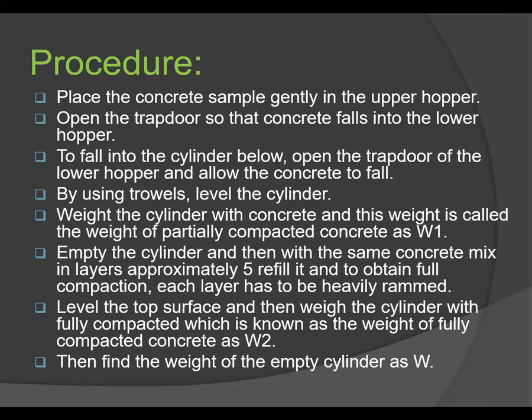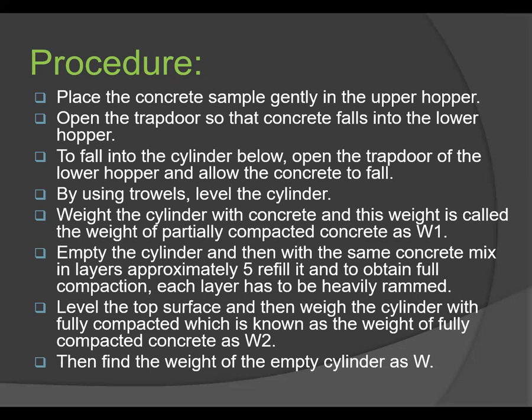After that, empty the cylinder and refill it with the same concrete mix in approximately 5 layers to obtain full compaction, and each layer has to be heavily tamped. Then level the top surface and weigh the cylinder with the fully compacted concrete, which is known as the weight of fully compacted concrete, W2.